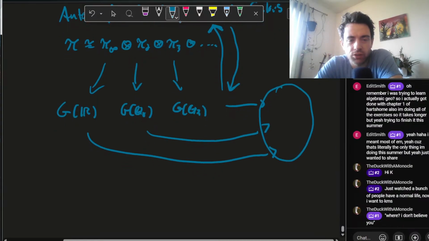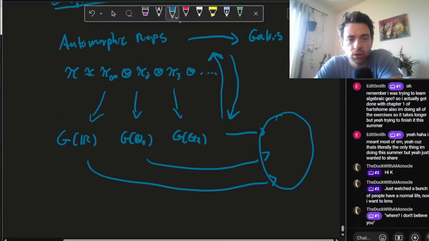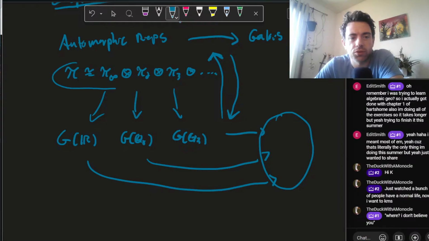so there is a notion. Okay, what do we know about automorphic representations? So for example, is this surjective?